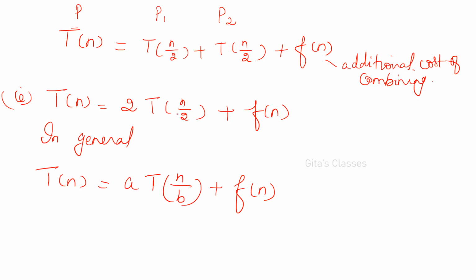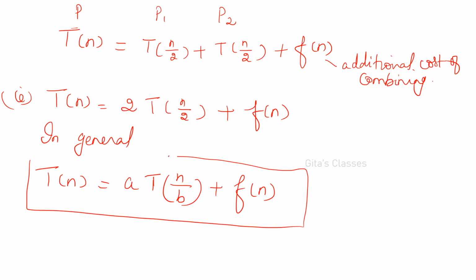If you divide into 2 equal parts, it is n by 2; here it need not be like that. It may be divided into 3 parts, 4 parts, etc., and these need not always be equal. Sometimes you may be able to solve one part and the other parts can be ignored. So this is the typical recurrence relation: T of n is equal to A into T of n by B plus F of n.